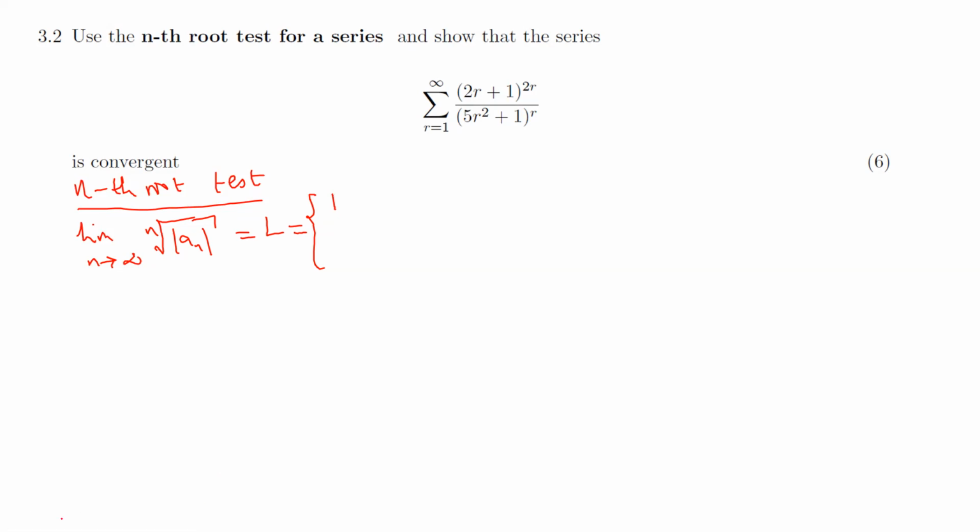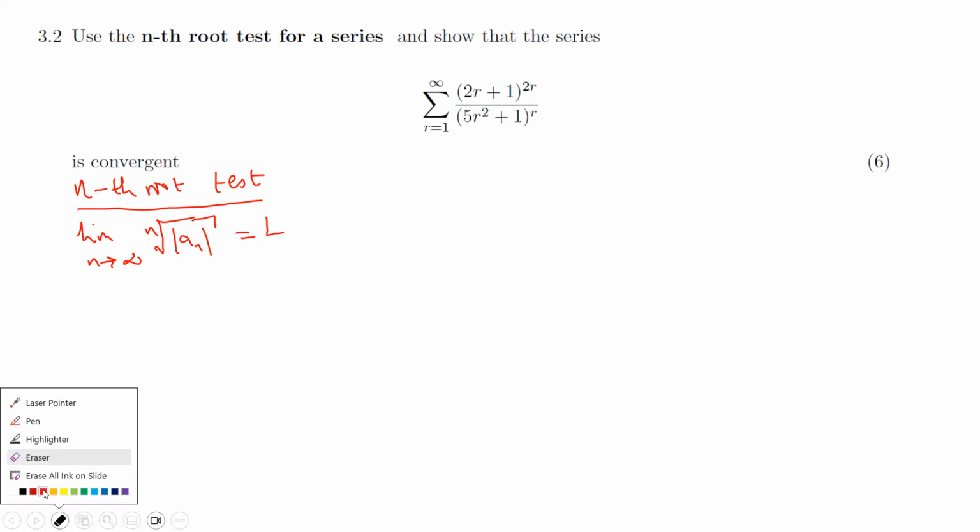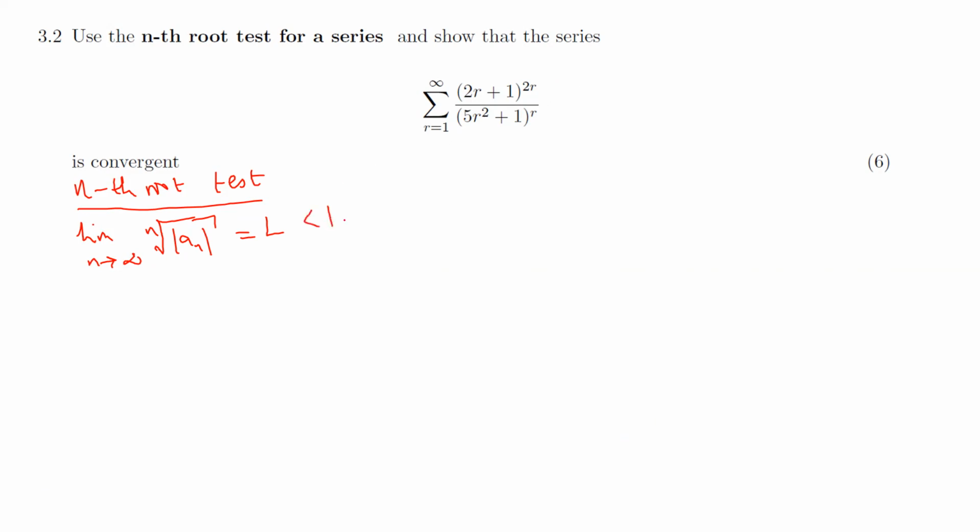Okay, let me do this. I want to put the 3 properties. If the limit L is less than 1, we have convergence.